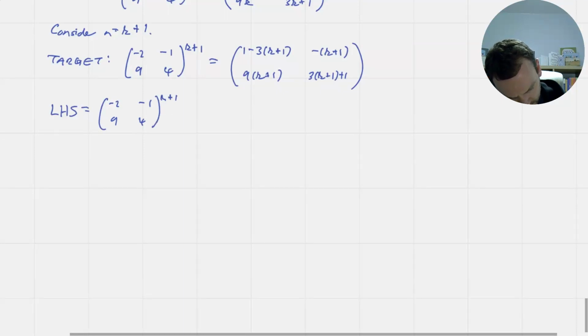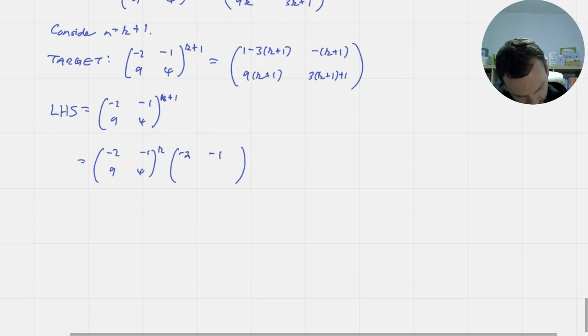If we're doing this matrix to the k plus 1, this is the same as doing the matrix to the power of k and then multiplying by the matrix one more time. This is almost our definition of powers. It comes from our power rules, because something to the k times something to the 1 gives something to the k plus 1. So we're splitting that multiplication like this.